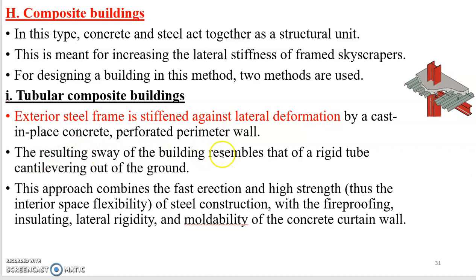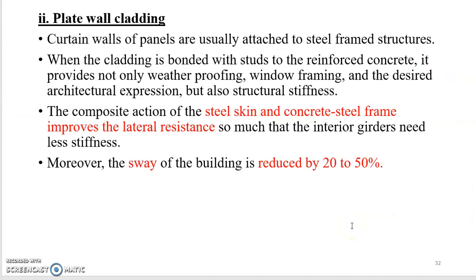The resulting sway of the building resembles a rigid tube cantilevered out of the ground. This approach combines fast erection and high strength. There is interior space flexibility, lateral rigidity, and moldability of the concrete curtain wall.